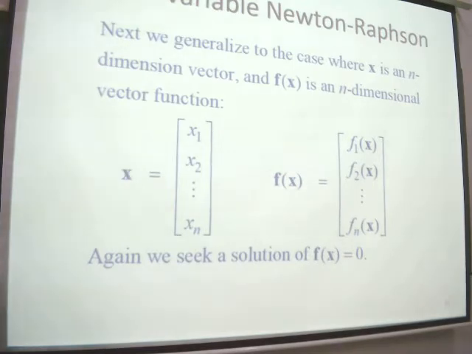Okay, and next we will see how to solve the problem if we have more than one variable in the function. We can solve this system of equations by using the Newton method.